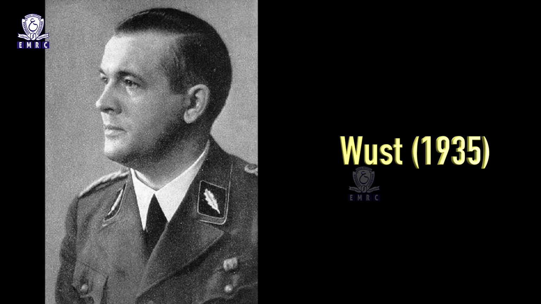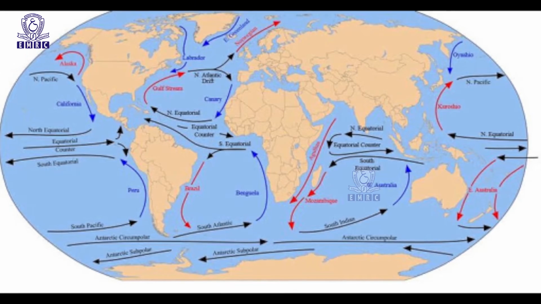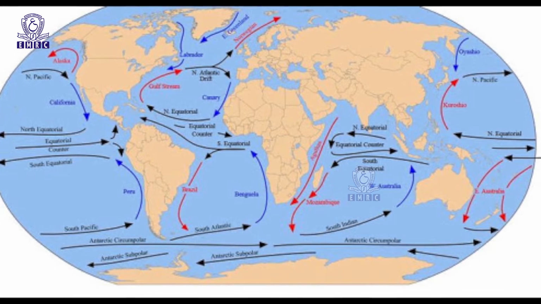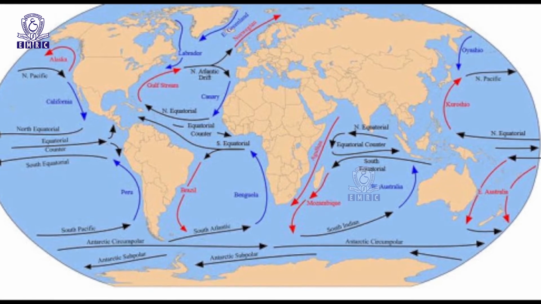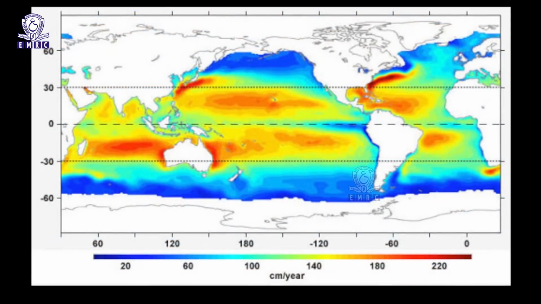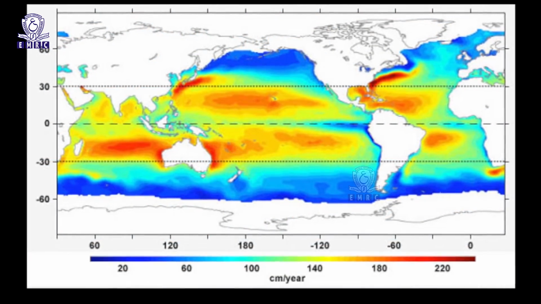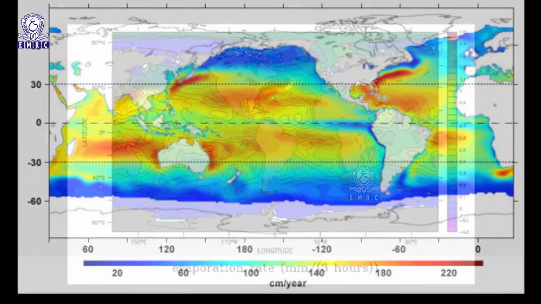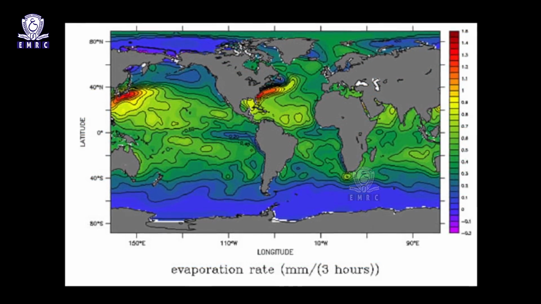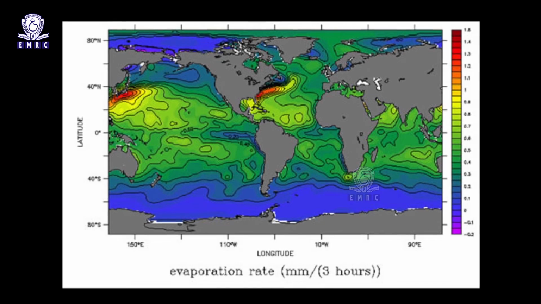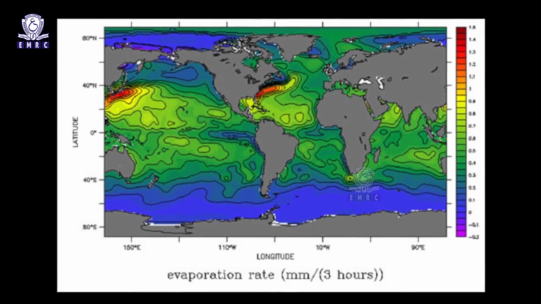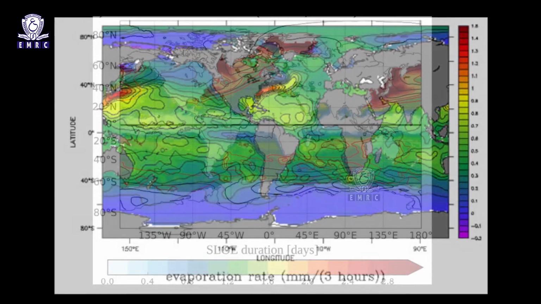According to Wust 1935, the average annual rate of evaporation in the Atlantic Ocean is 94 centimeters to the north of 40 degrees north, 149 centimeters at 20 degrees north, and 105 centimeters near the equator. Salinity is 34.685 parts per thousand at 5 degrees north and more than 37 parts per thousand at 20 degrees north.